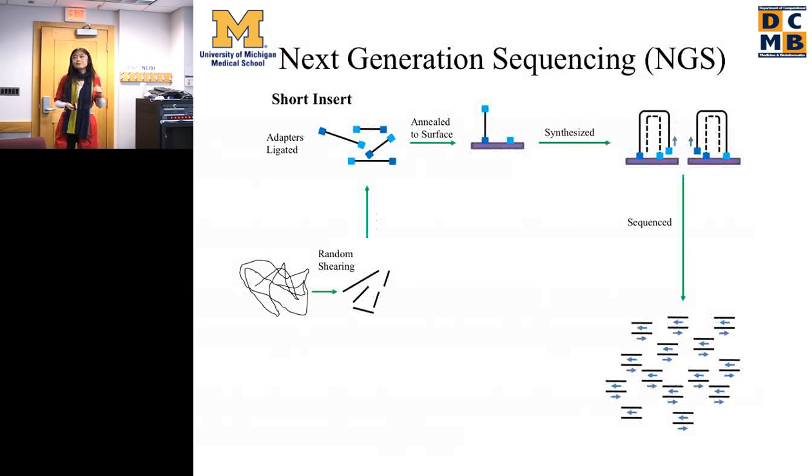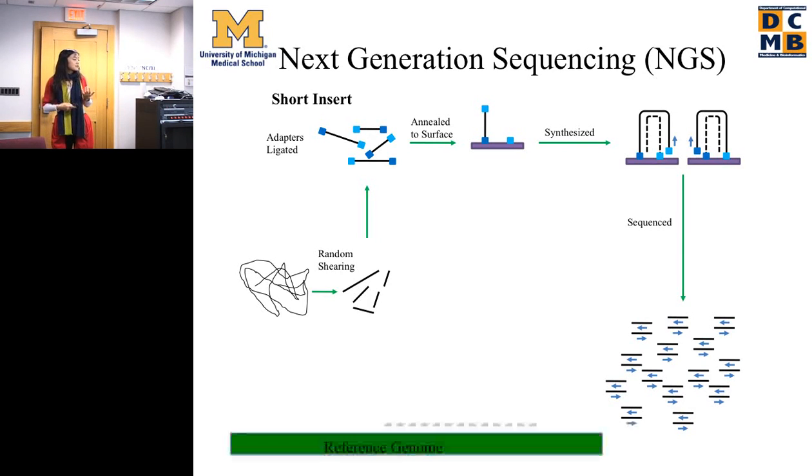Here's a very brief introduction to next generation sequencing. When we do the experiment, we shear the whole genome into pieces within certain lengths, and then we sequence both ends of the DNA pieces we have, and this produces a FASTQ file for us.